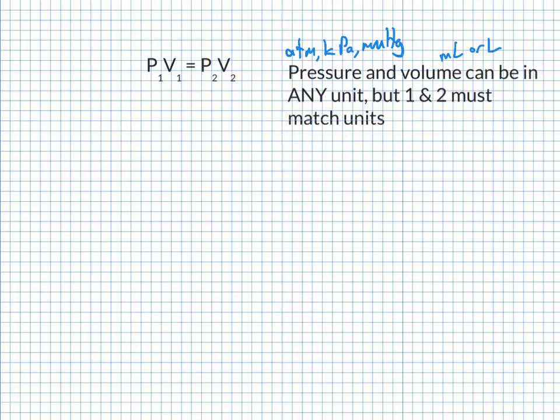So that being said, what you're going to need to be able to do is use some basic algebra here, because you are going to be given 3 out of these 4 variables, and you need to be able to solve for the one that it's asking you for, and you never know which one the problem is going to be asking you for. So this is dealing with multiplication, and to remove a variable that's multiplied, I have to do the inverse operation, which means I have to do some division. So P1 and V1 are multiplied. To isolate P1, I have to divide both sides by V1, which is going to give me P2V2 over V1.